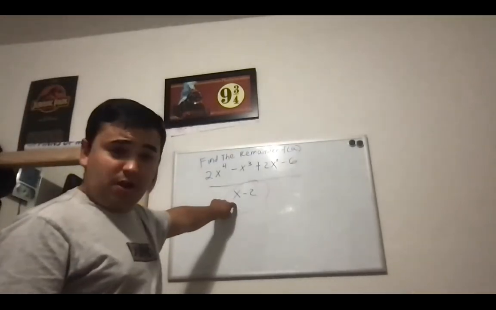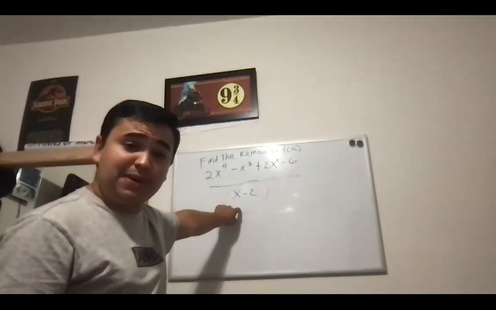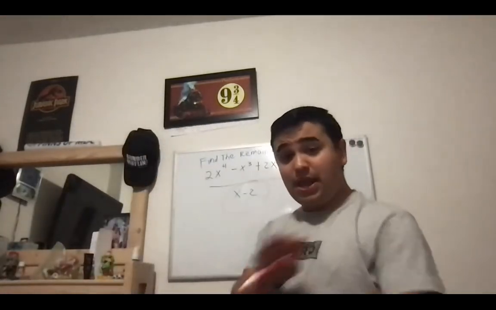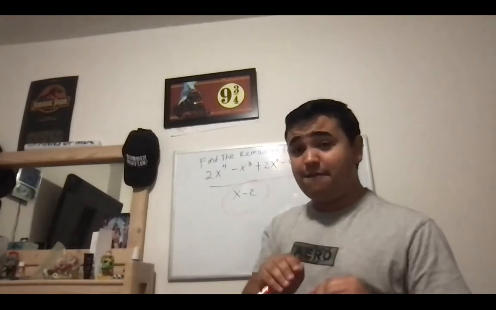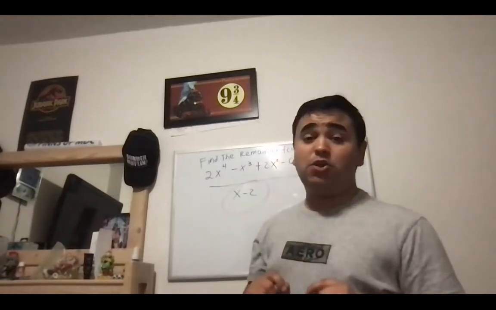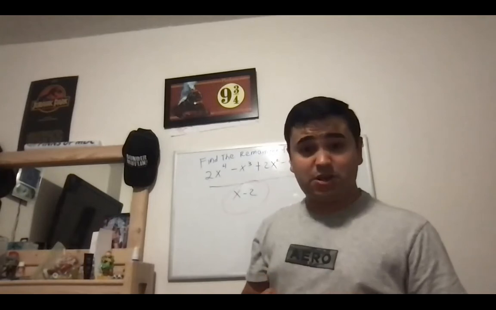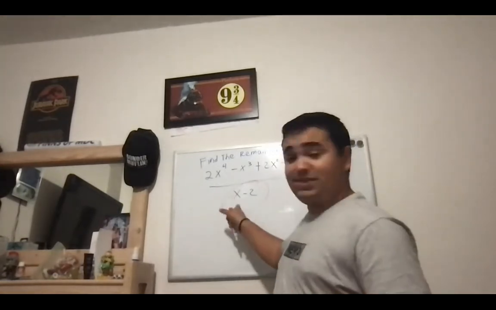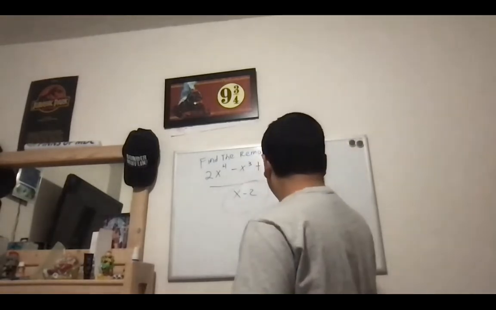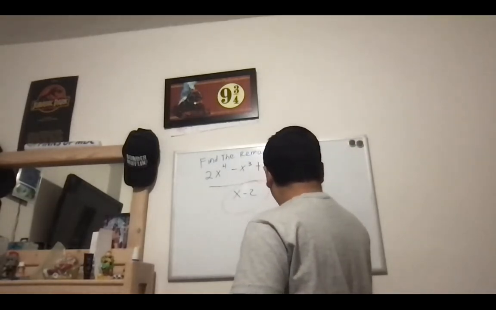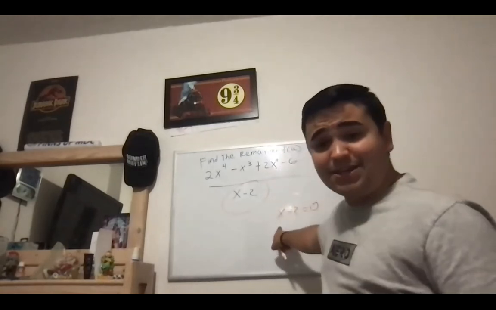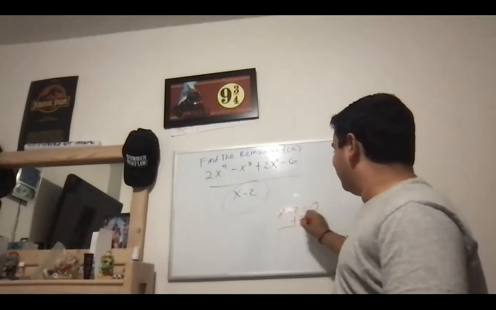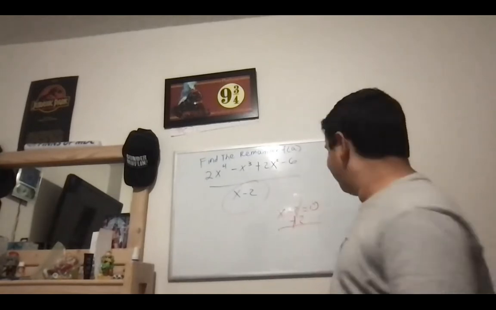However, before we start anything, let's talk a little bit about that x minus 2 real quick. Before we evaluate anything of f of a, this must follow something in mathematics that we like to call the zero product property, and find the zero when this is equal to 0. We set x minus 2 equals 0. Solve for x by adding 2 on both sides.